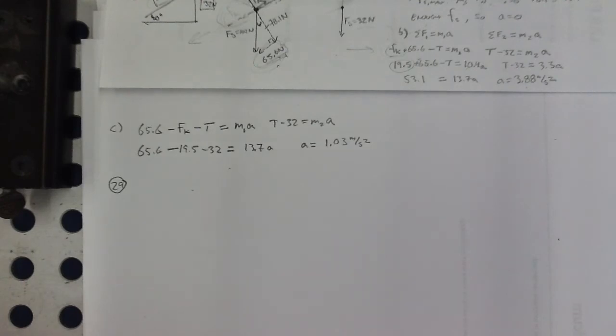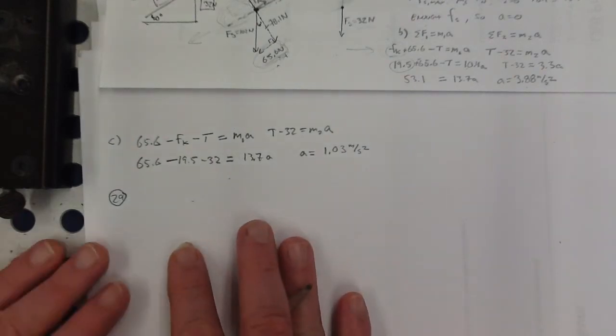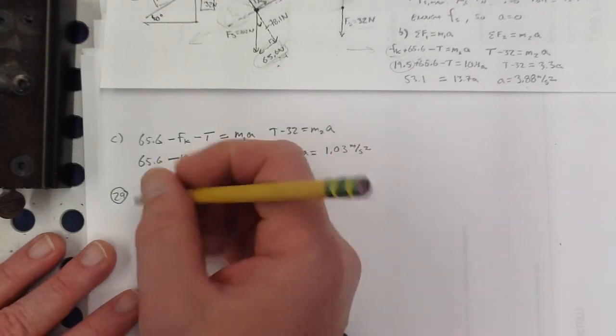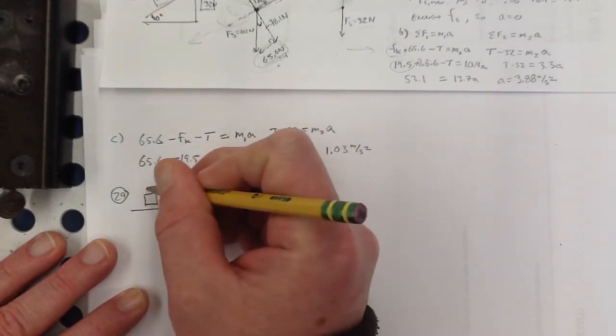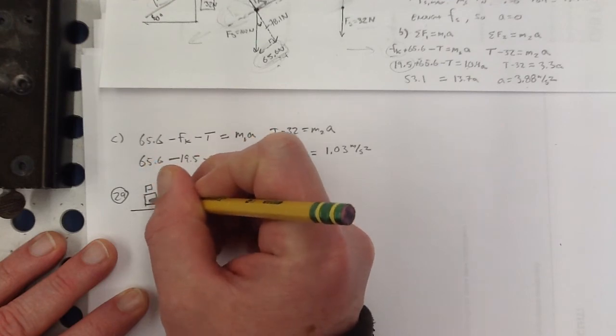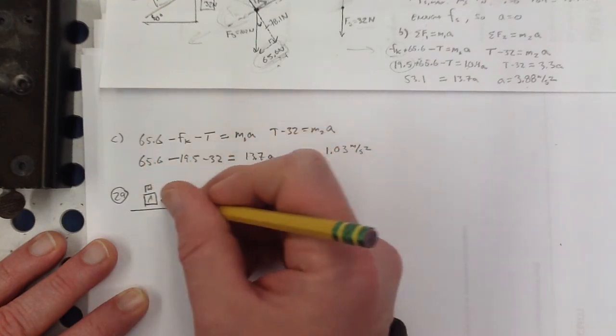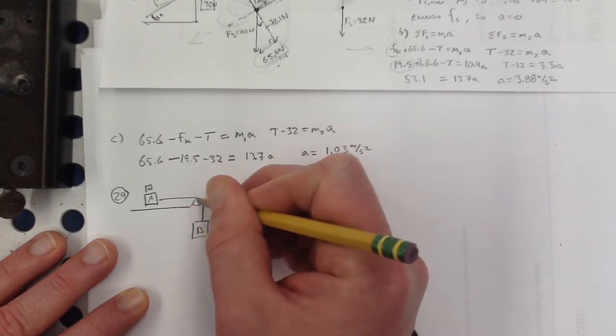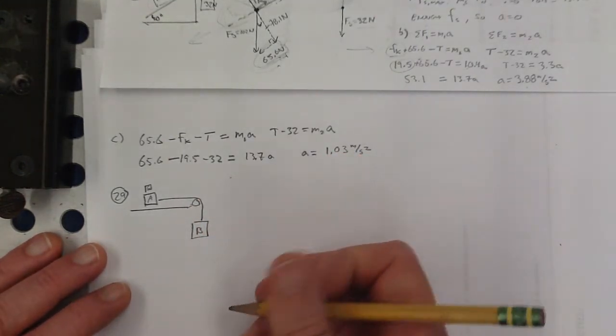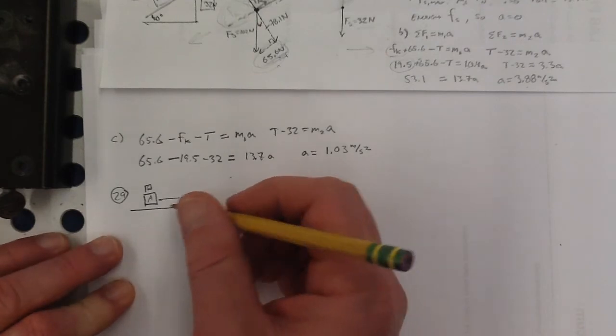Just check the answer for that last part. Yeah, that's correct. Number 29, last one. This looks like a fun modified Atwood's machine setup. There's block A, block C, block B, hanging over the edge. That's how the poets talk about physics.